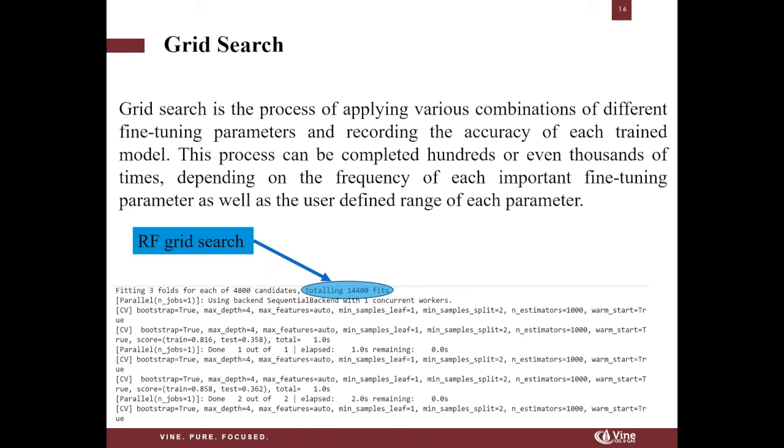So it can be pretty tedious to find the best hyperparameters within an ANN model or within any machine learning model. So that's why it is important to use grid search. It's basically a nested for loop that finds you the best hyperparameters that would result in the highest accuracy.